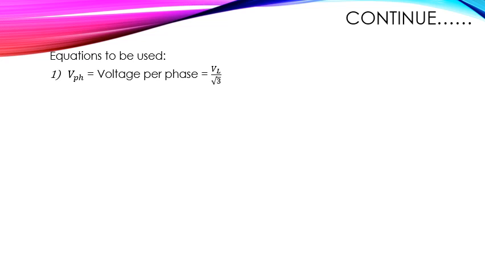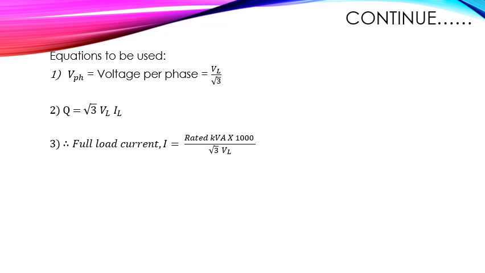So the equations to be used that we know already: voltage per phase is the ratio of line voltage to root 3. Then apparent power Q is equal to root 3 times the line voltage and line current. Full load current I is equal to rated kVA multiplied by 1000 divided by root 3 VL.